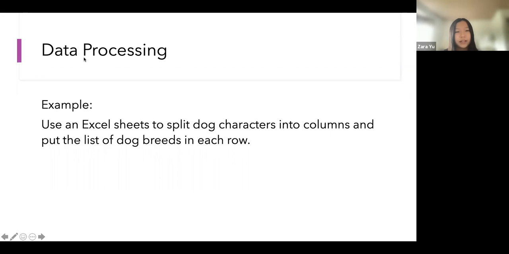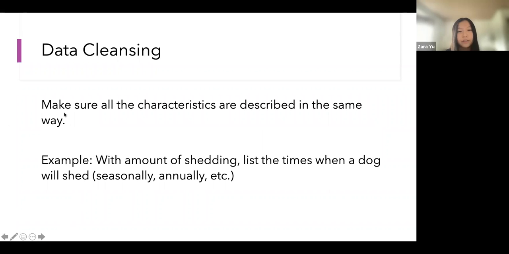The next step we have to do is data processing. So an example I put here is you can use an Excel sheet and you put each dog breed into columns and then put the list of the characteristics in the rest next to them. So make sure all the characteristics are described in the same way for data cleansing. So with amount of shedding, you have to make sure that you list them in the same way.